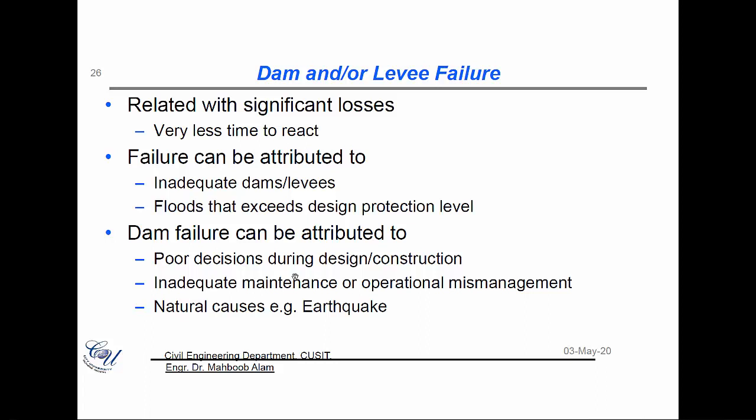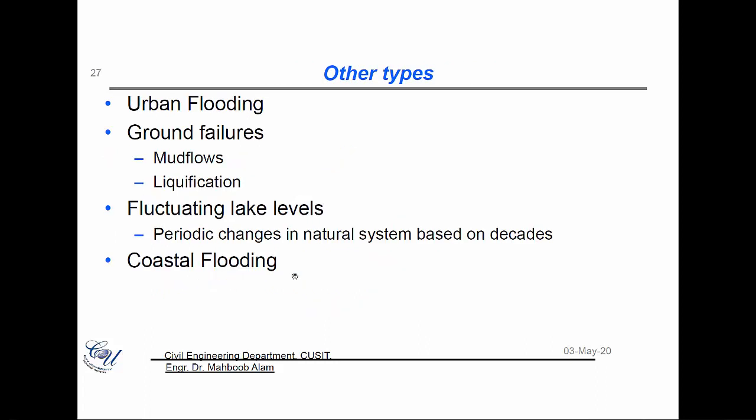So we are not looking into the reasons why these dams or levees or embankment fail, but we just want to look into it, that this is also one kind of flooding that we should be considering. Urban flooding we basically looked into. Then there are also ground failures, mud flows and liquefactions that usually occur.